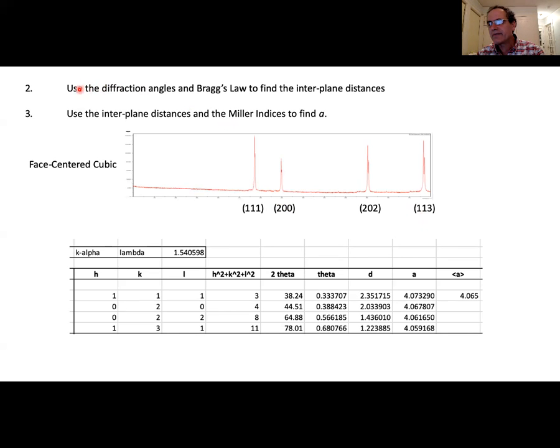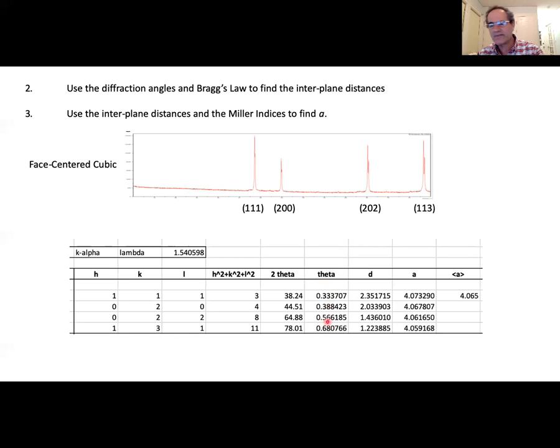So now the next step in this process is to use the measured diffraction angles and Bragg's law to find the interplane distances. So in this set of data here are the angles that we actually measure: 38.24 degrees, 44.51 degrees, and so on. But these are 2 theta. So we have to divide by 2 to find theta.